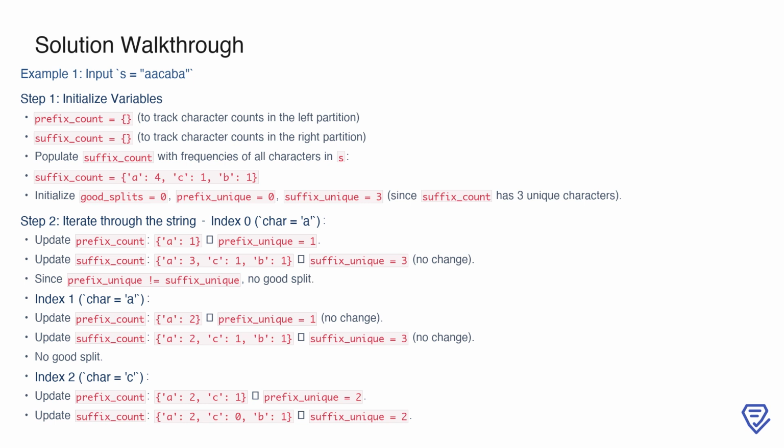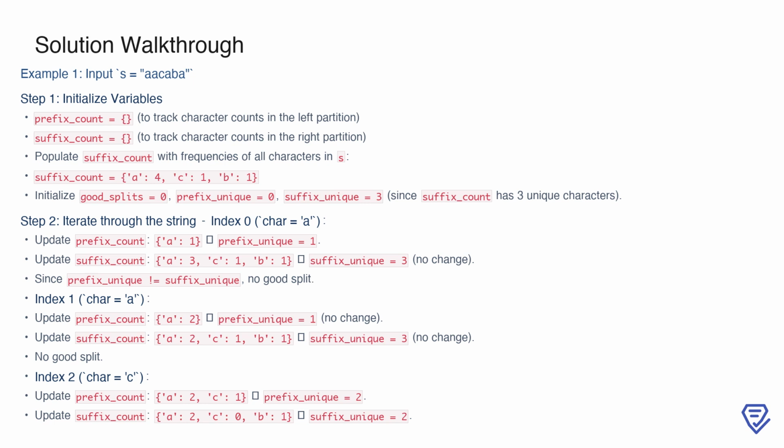Now, as we iterate through the string, we start with index 0, where the character is a. Updating prefix_count, we add a, resulting in a:1, and increment prefix_unique to 1. In suffix_count, we decrement the count of a, leading to a:3, c:1, b:1, but since the number of unique characters in the suffix remains 3, there's no good split yet.